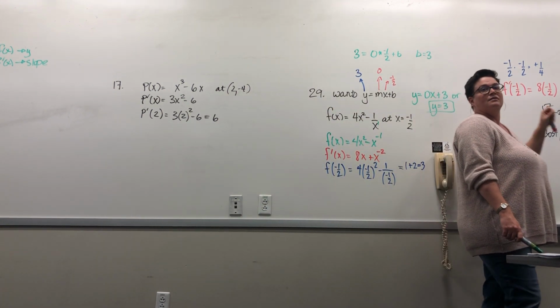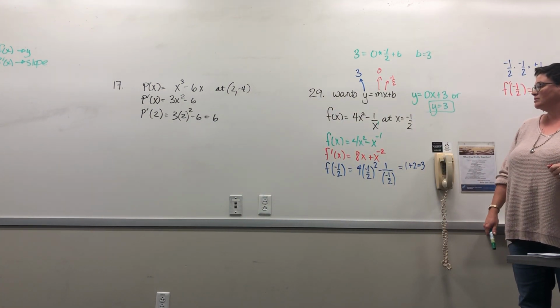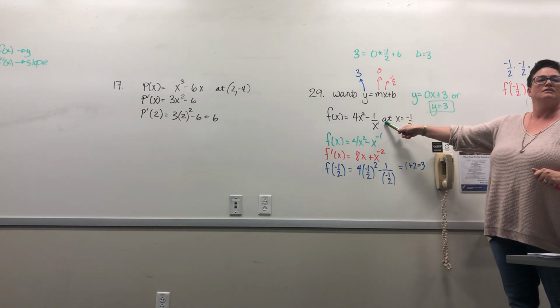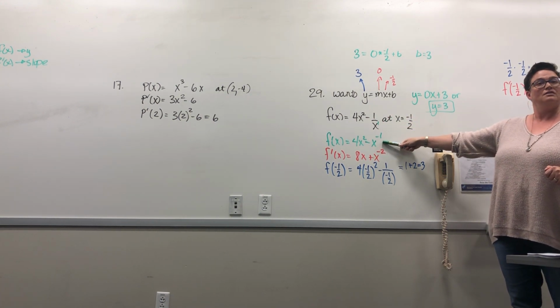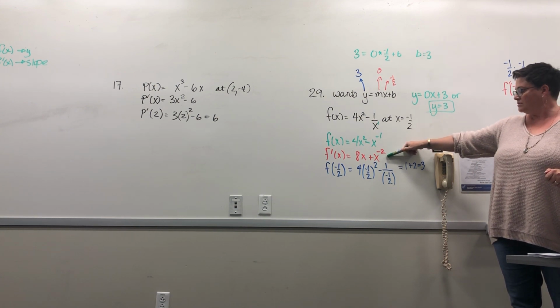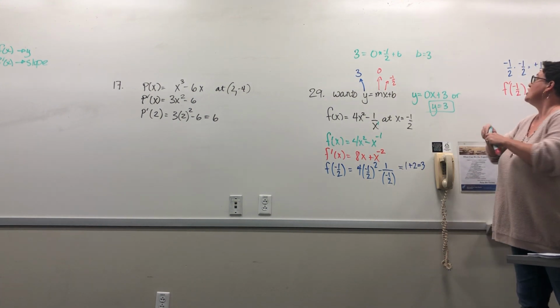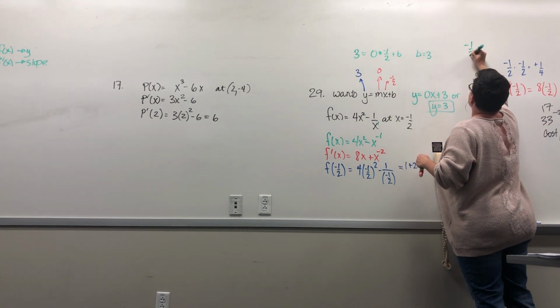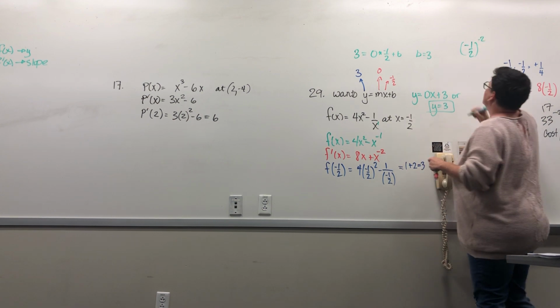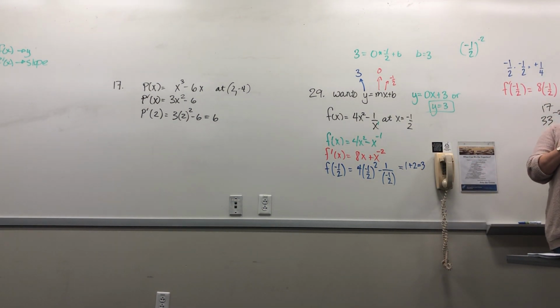Why would you not want to just put it into the derivative we already found? Why would you want to convert the 1 over x squared? Do you know what this is?